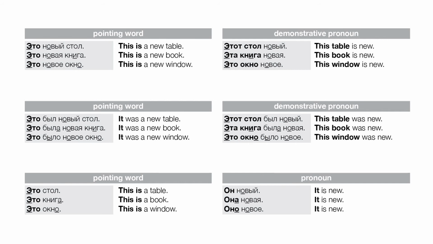In some cases, sentences like this may even translate using it. Like, what is that? It's a table, it's a book, it's a window, right? Now, again, in the Russian, if we have it as the subject, that's going to be он, она, оно, right? So, он новый, она новая, оно новое.